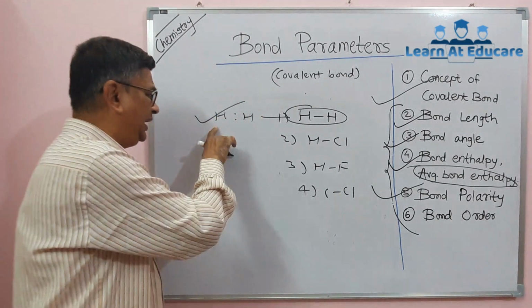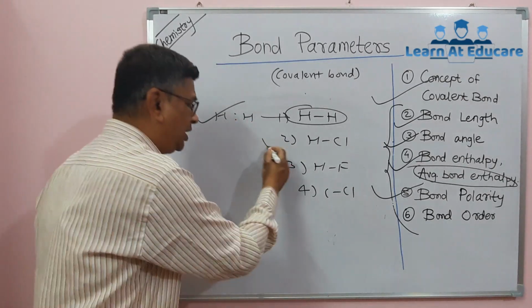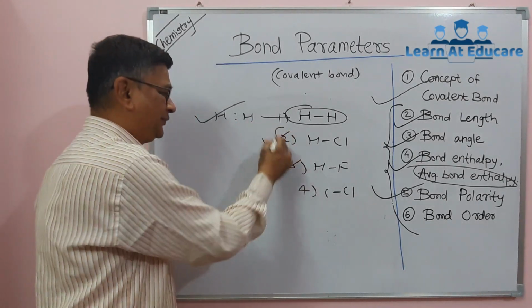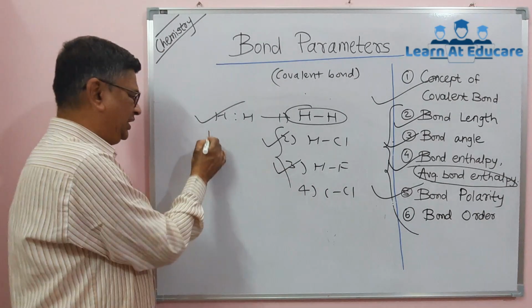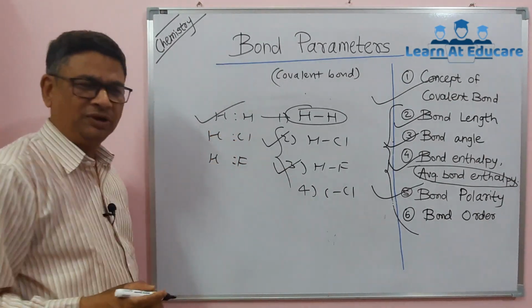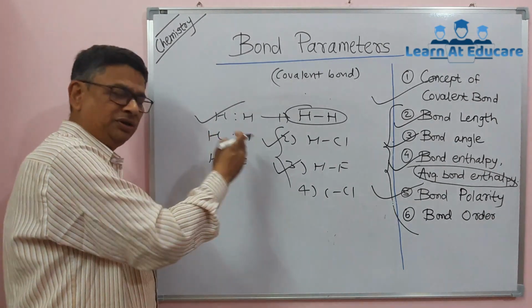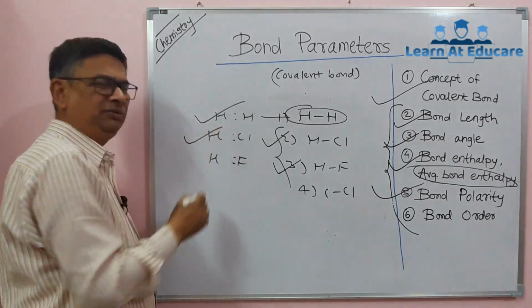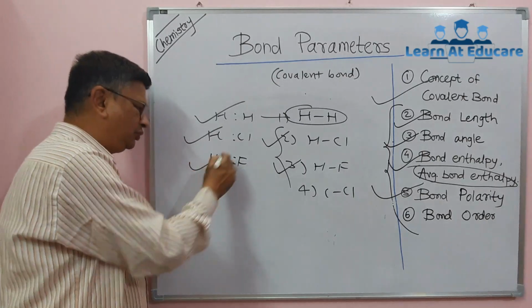Hydrogen atoms share these two electrons equally, but in HCl and in HF it does not happen. In HCl, chlorine is more electronegative, and in HF, fluorine is more electronegative, so the bonding electrons shift towards chlorine here and towards fluorine here.